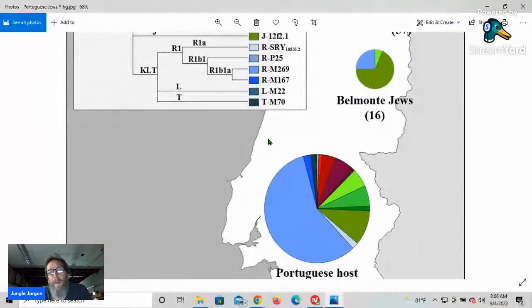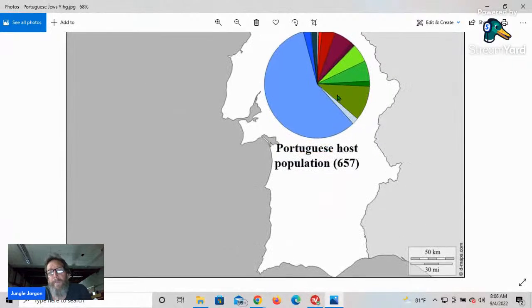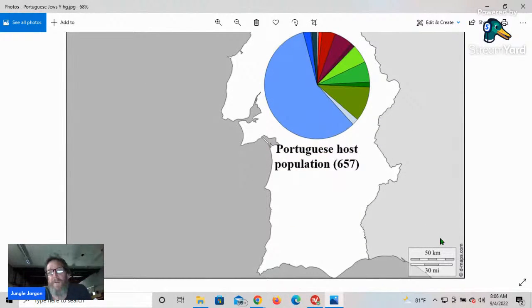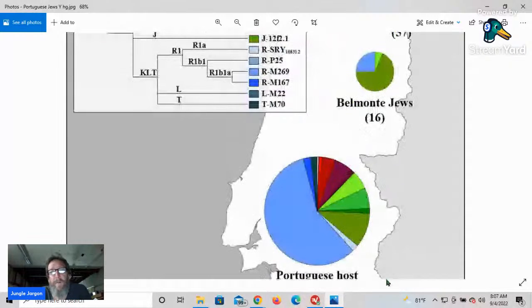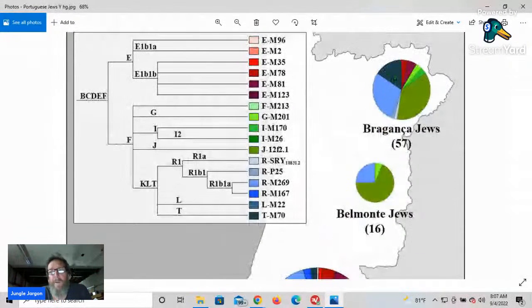Remember Iberia? This is Iberia, but Tarshish is right here. So it turns out that Tarshish is which Y chromosome? If it's a T Y chromosome, it's this right here. So that's why the T is represented here in this population and up here.